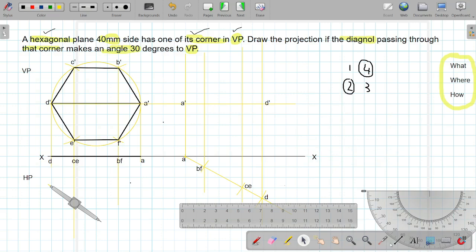Then next, taking the projector from B using the scale. Now the projection for B and C will be on the same line. So from B it is coming from down and intersecting at this point. So this point will be B dash. And similarly for C, the intersection will be named as C dash.